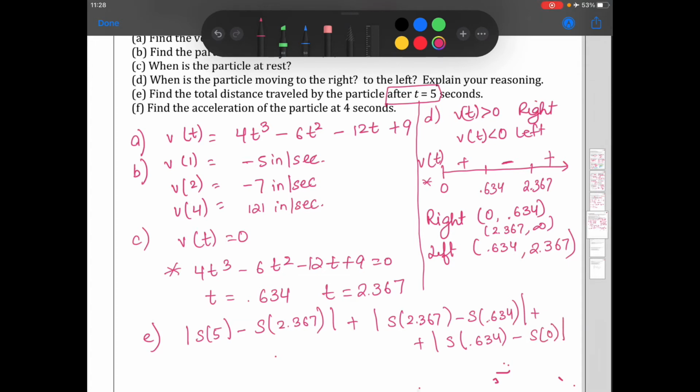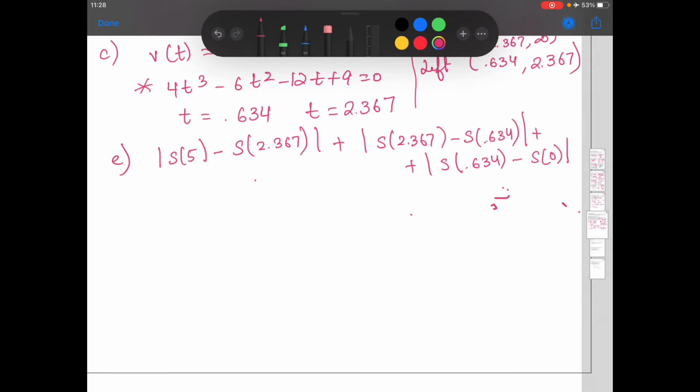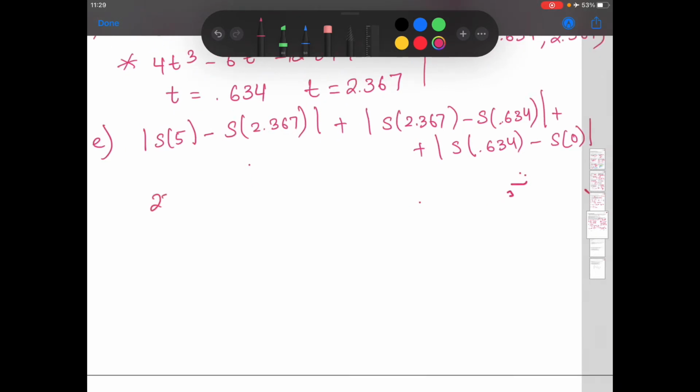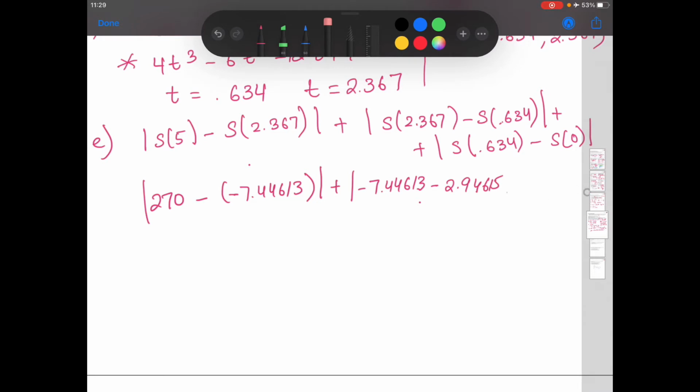So substitute those numbers in, and what do I get? s of 5 was 270 minus negative 7.44613, plus negative 7.44613 minus 2.94615, plus 2.94615 minus s of 0, which is just 0.